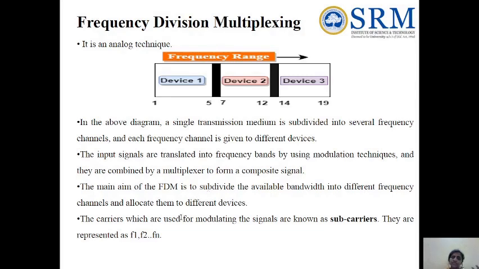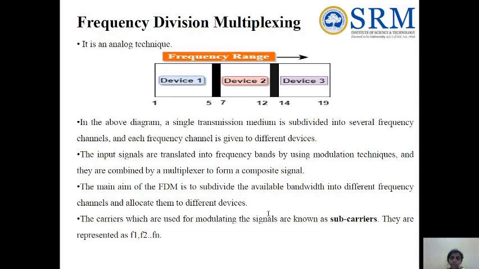So what these devices do is they take the input signals and translate them into the frequency band by using modulation techniques. Once it is modulated, they are combined by the multiplexer to form a composite signal, and this composite signal is transmitted through the medium.